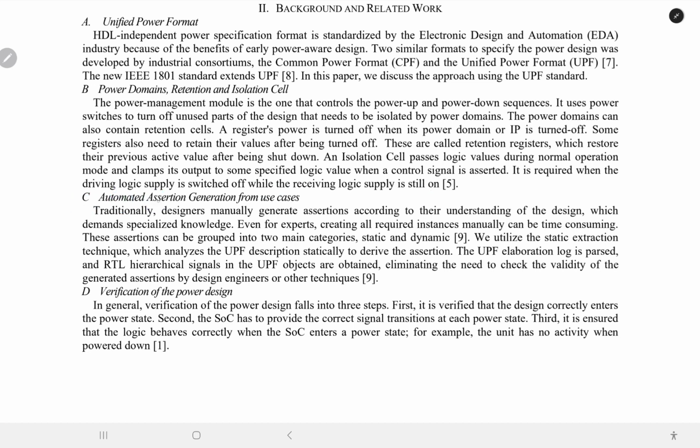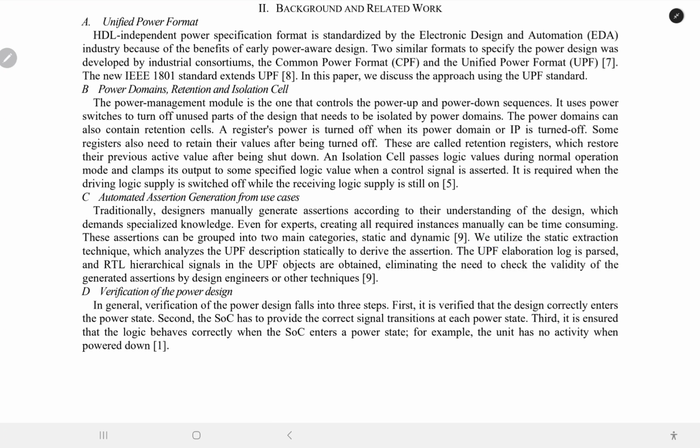C. Automated assertion generation from use cases. Traditionally, designers manually generate assertions according to their understanding of the design, which demands specialized knowledge. Even for experts, creating all required assertions manually can be time-consuming. Assertions can be grouped into two main categories, static and dynamic.